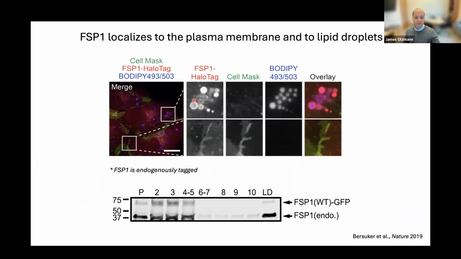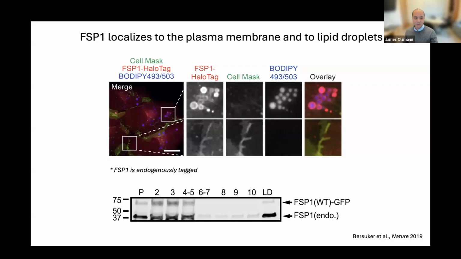And we can see that this endogenously tagged FSP1 very nicely localizes to lipid droplets, marked here with BODIPY 493/503, as well as to the plasma membrane, here marked with CellMask. So it has multiple localizations, and it's potentially regulating lipid damage at different locations in the cell.